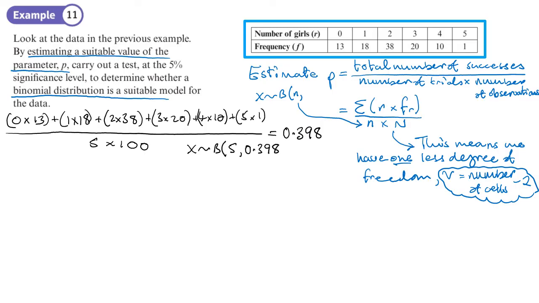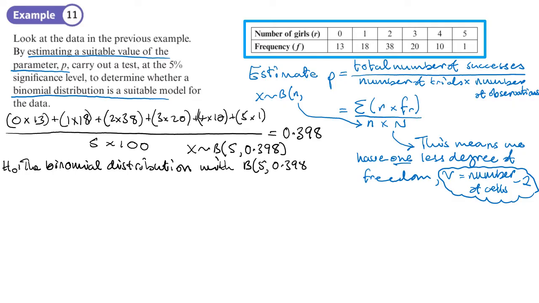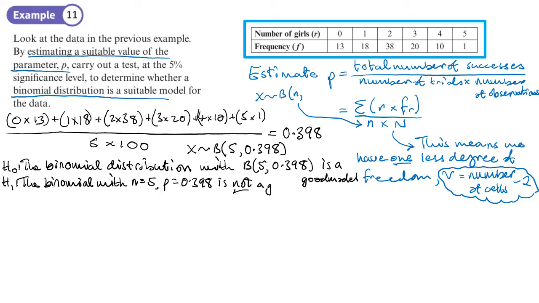Now with this probability rather than 0.5, so H0, now we can say the binomial distribution with this 0.398 is a good model, and then H1 would be that the binomial, I'm not going to write it all out again, binomial with this n equals 5, P equals 0.398 is not a good model.